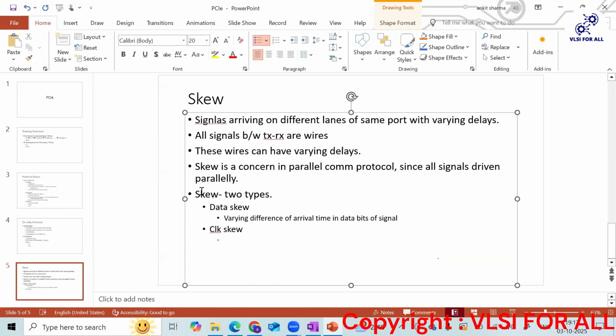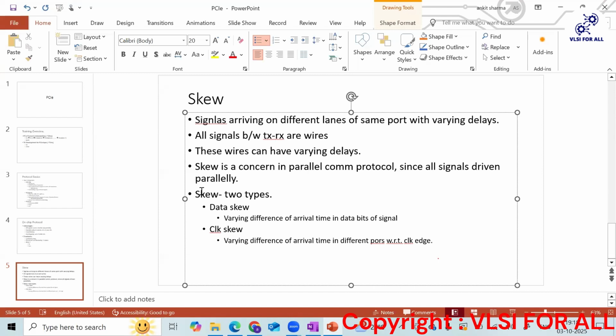And what about clock? So we can say wiring difference of arrival time in different ports with respect to clock edge.